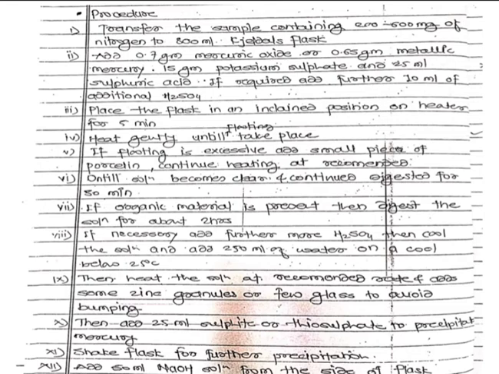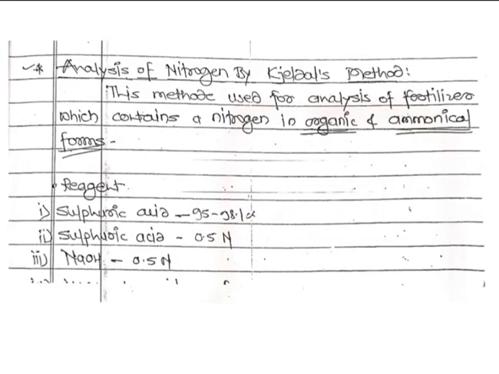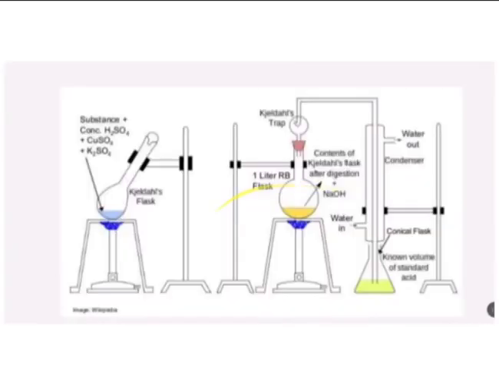So see, here is the procedure. Initially you have to transfer the sample containing 200 to 600 milligram of nitrogen to an 800 ml Kjeldahl flask, as I have shown here in the diagram.